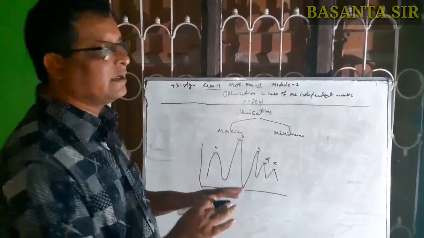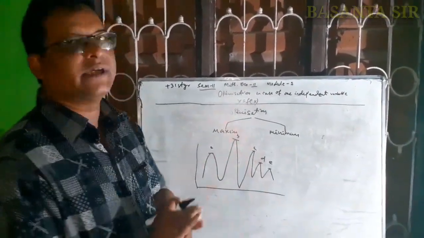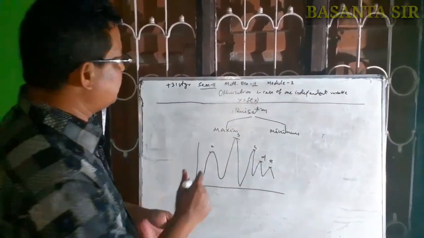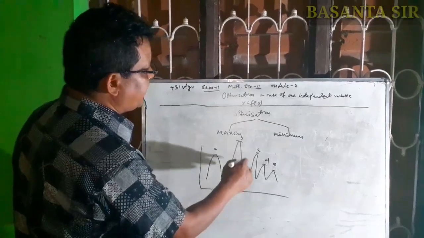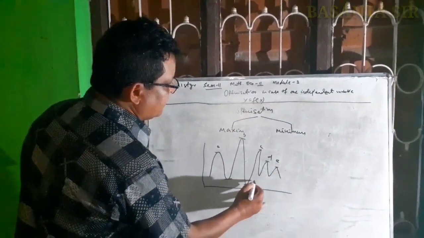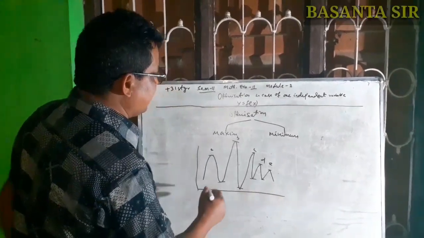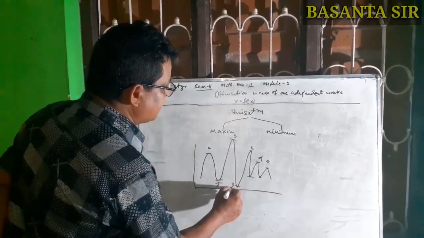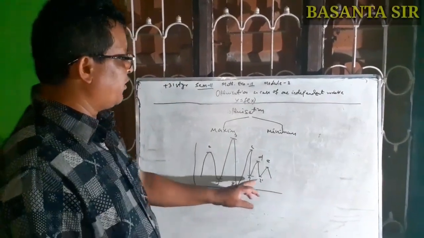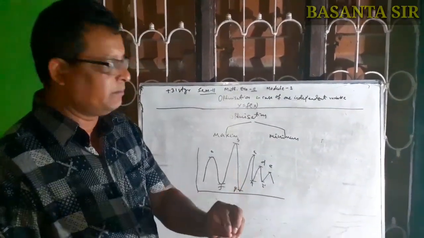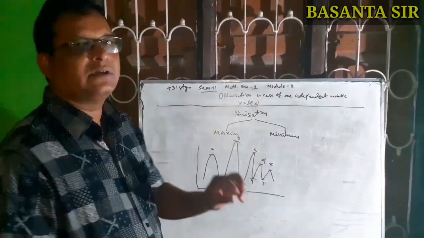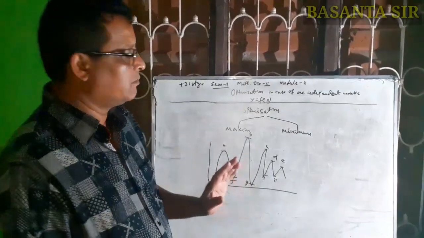But whenever we calculate maximum value, we always calculate the local maximum, that means at point A or B or C like that. Also in case of minimum we find several points of minimum like F, G, H, I. Every point is a local minimum, G is the global minimum, but we always calculate the local minimum.